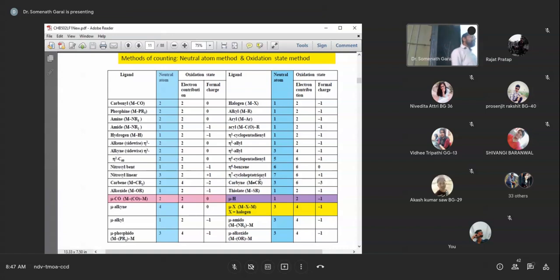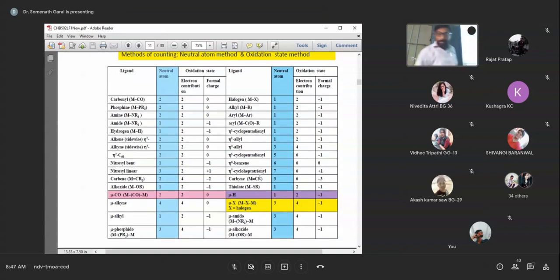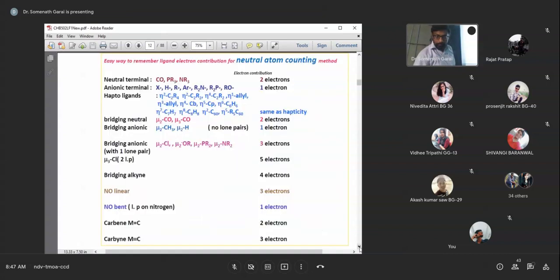Unless there is also a mu2 type. Mu2 means you have to consider charge on one side, and I give you an example. What are your halides? Correct. Now you see, mu2 chloride ligand basically, right? If it is normal chloride, how many electrons will it give? 1.